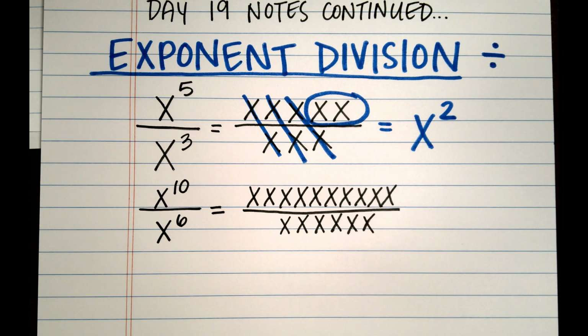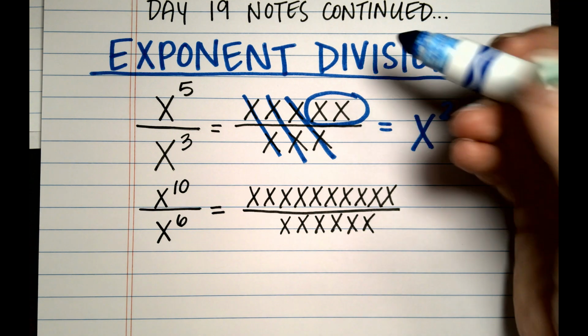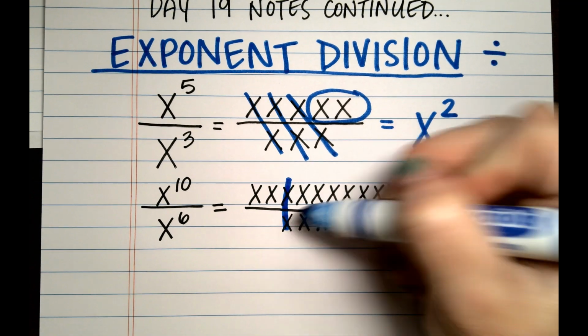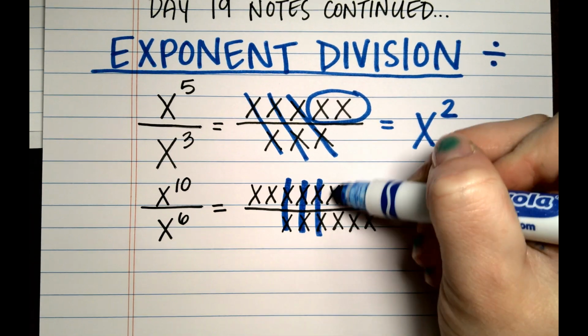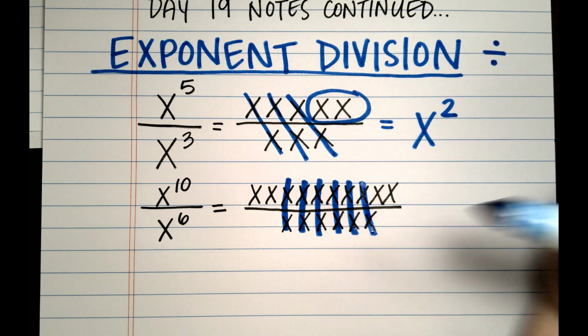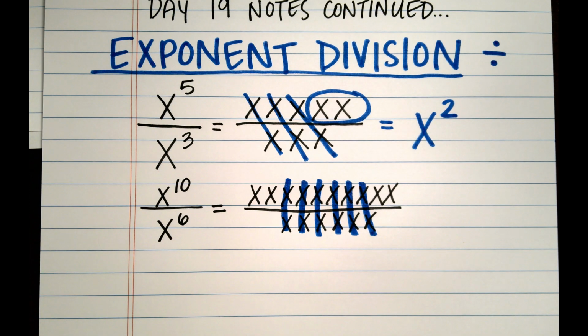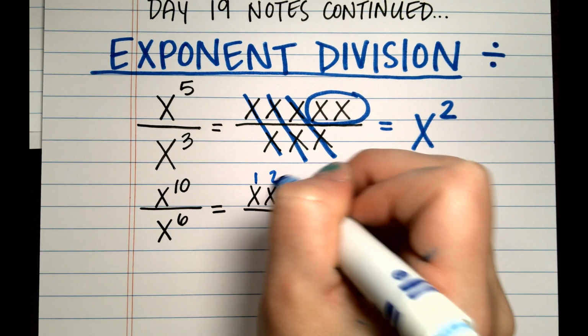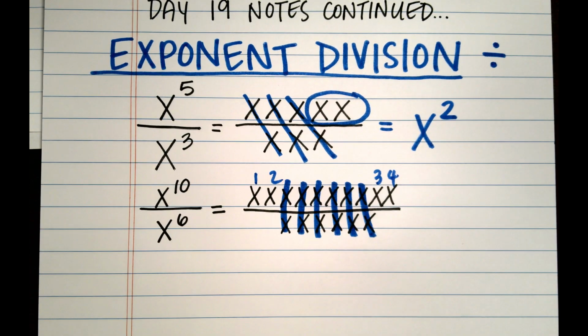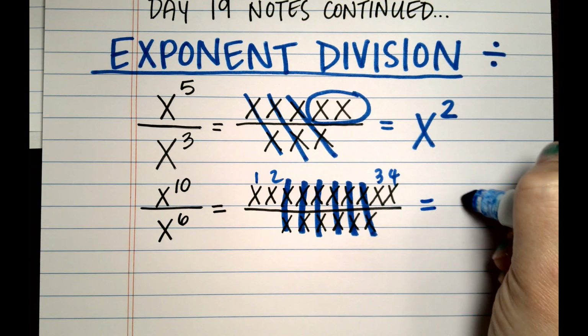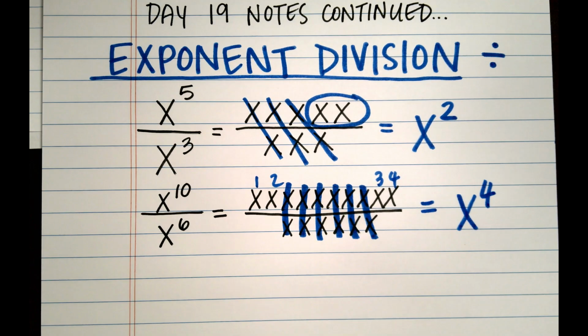We could cancel out our x pairs. This took a while though, okay? Let's see. There's a pair, there's a pair, there's a pair, there's a pair, there's a pair, there's a pair. I've got 1, 2, 3, 4 x's left. So it would be x to the fourth power.